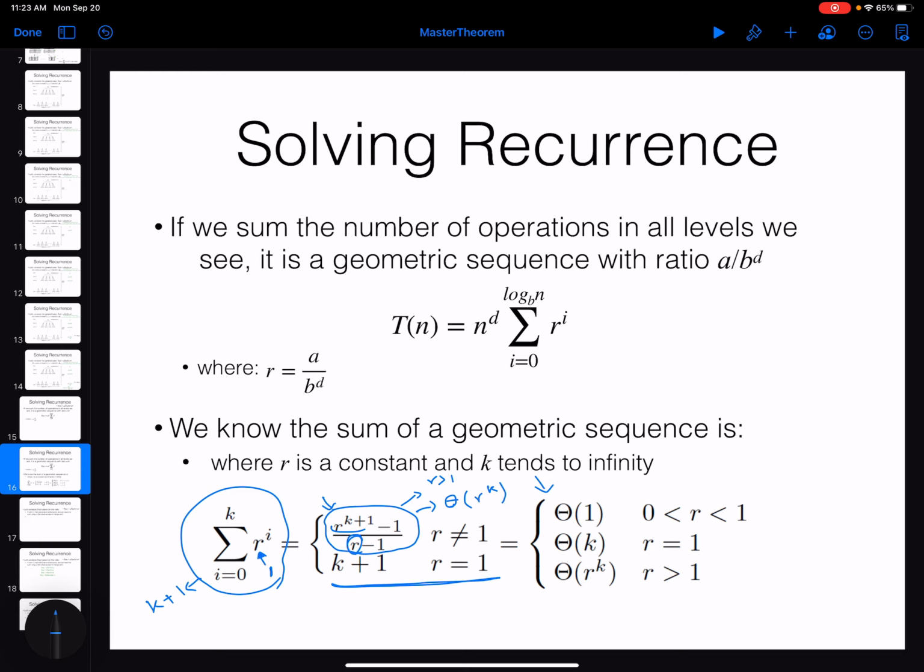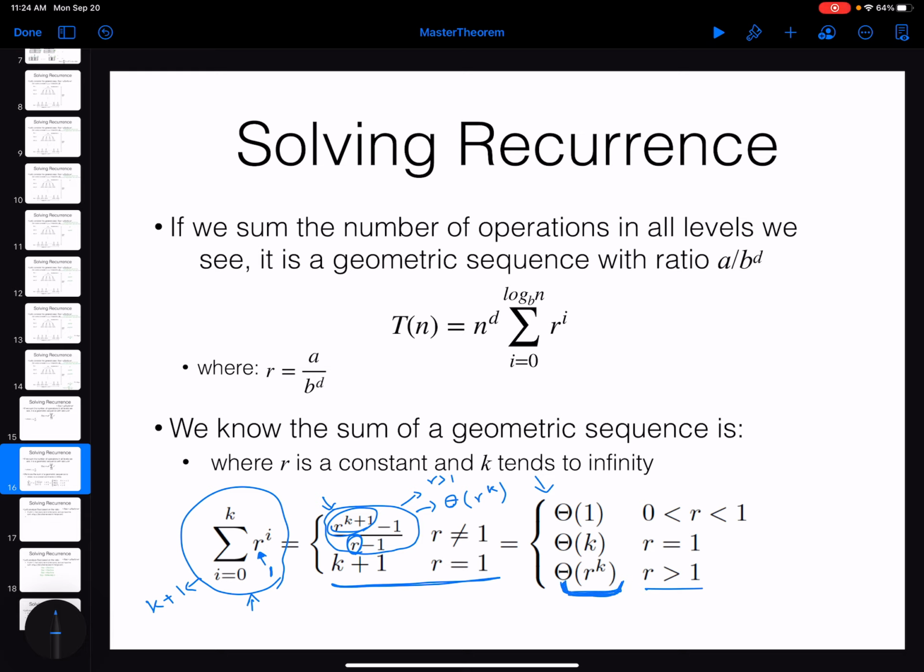You have a term R and a term R to the power of k plus 1 in the numerator. So the result is going to be theta of R to the power of k. This is important for me, not the exact formula. So if the ratio is greater than 1, the result of this summation is going to be in theta of R to the power of k.